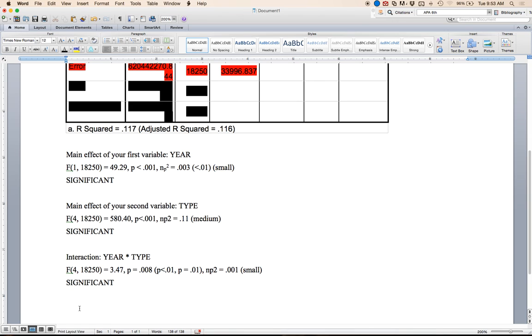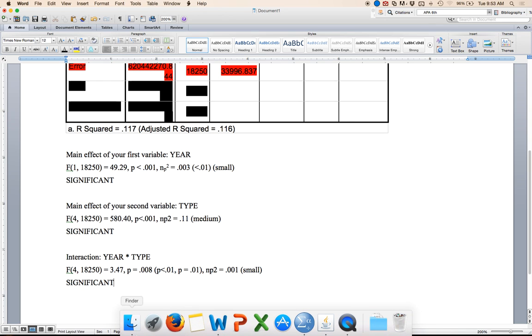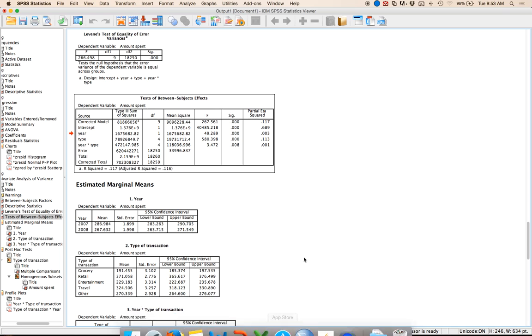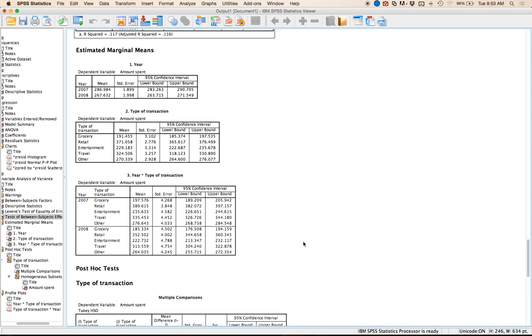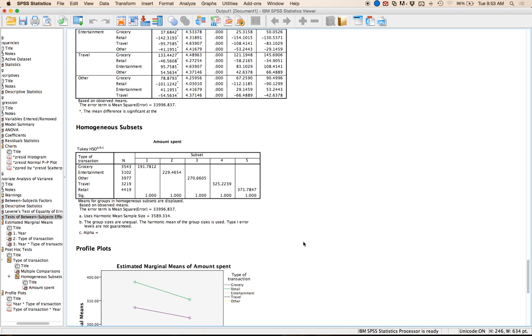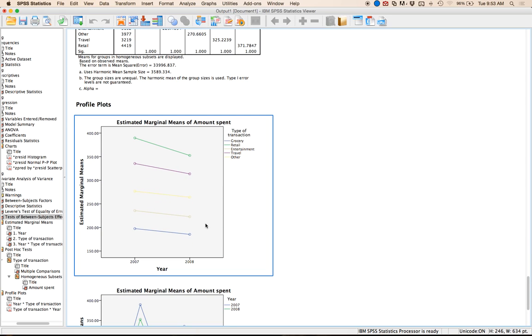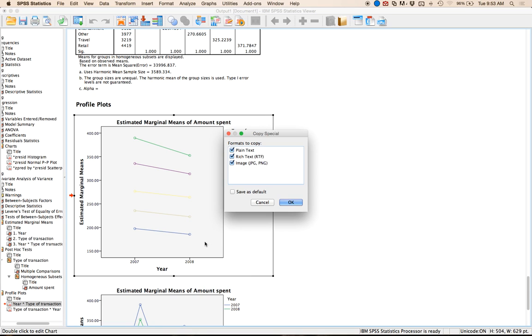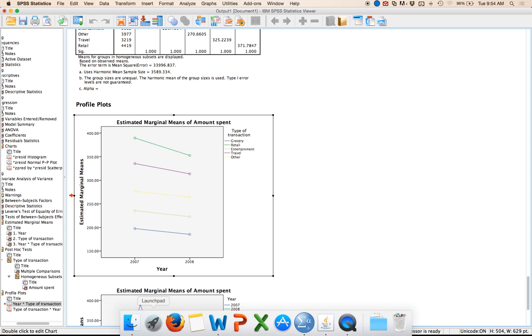So let's take a quick second and talk about what interactions mean. To do that, I'm going to go back to my output and look at the plots that we got at the very bottom. So I've got two different options, and I'm going to copy these. Sometimes they're really cranky. It's JPEGs.